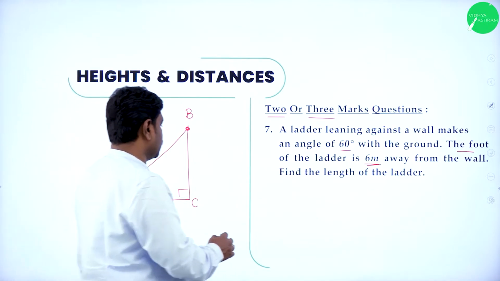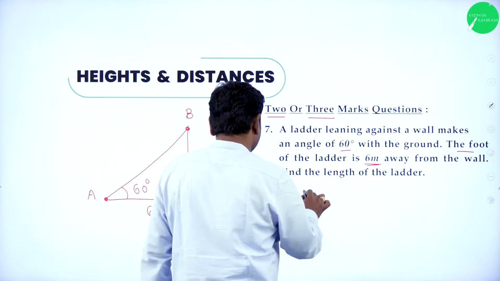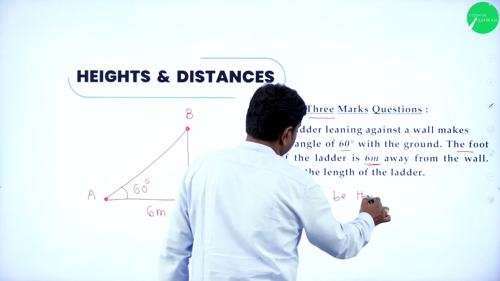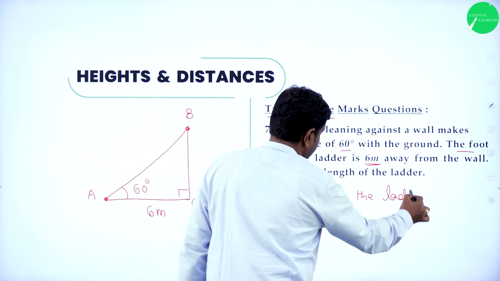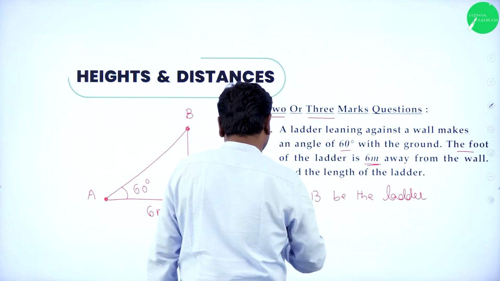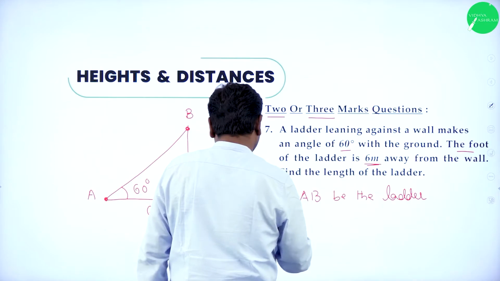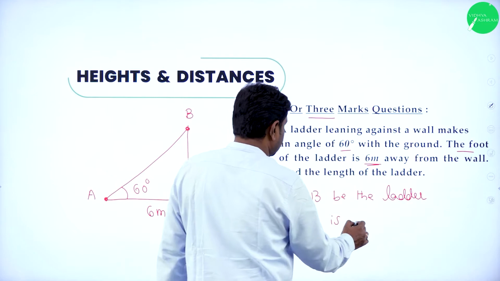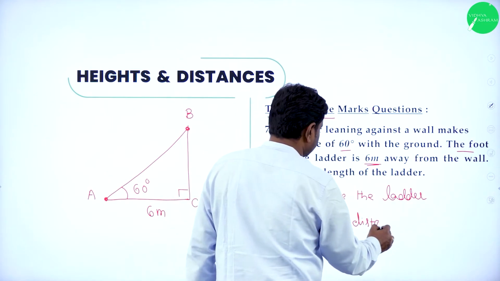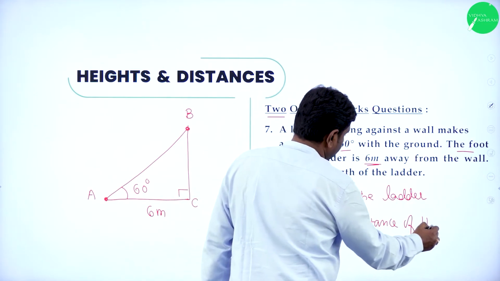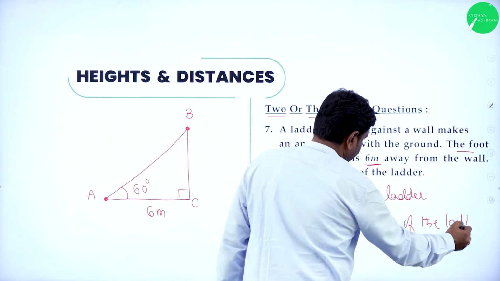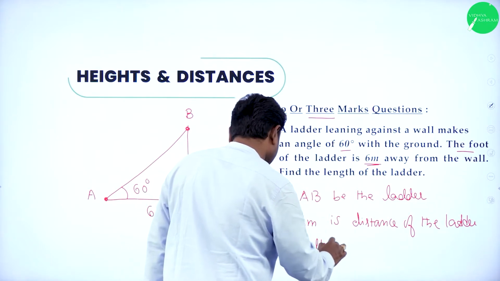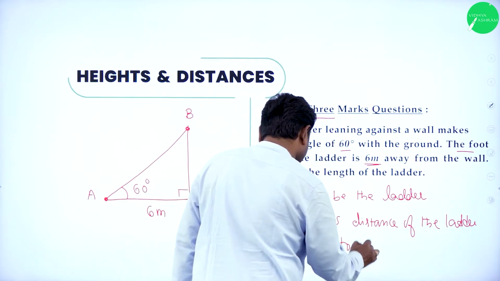So first we should assume, so let AB be the ladder and AC is equal to 6 meters, the distance of the ladder from the foot. So first, this is the assumption.